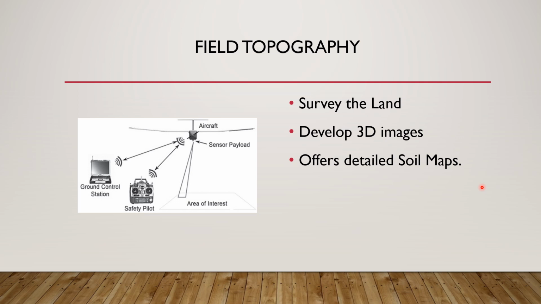These maps show the soil weathering, texture, color, the surface features of the field, and the spots with soil erosion and such other organic matter which is applied to the soil. All this is provided by the drone by taking images using the sensors fixed in it.